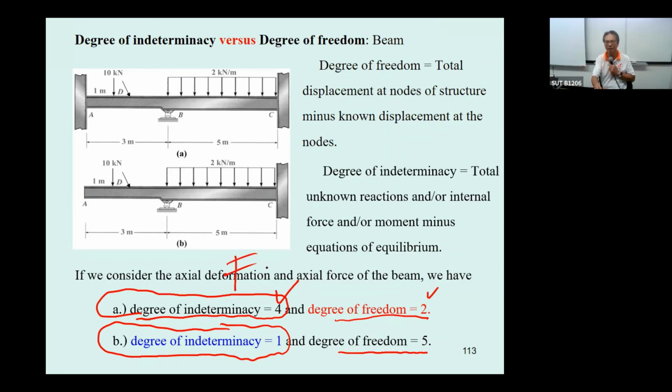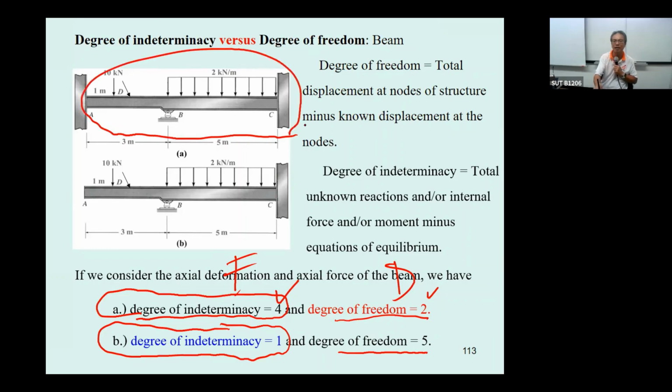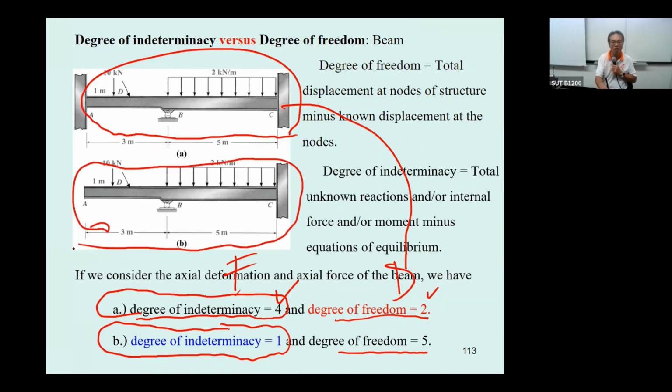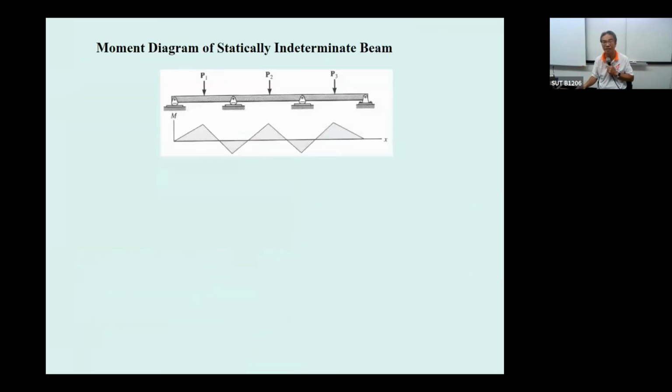Degree of indeterminacy is for the force method. Degree of freedom is for the displacement method. This kind of structure can be solved by the displacement method easily. This kind of structure can be solved by the force method easily. So it depends on the type of structure.